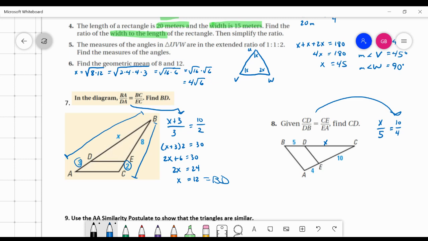Now that I have my proportion, go ahead and cross multiply. So 4x is equal to 50, and 50 divided by 4 is 25 over 2 or 12.5. Either one of those is fine.